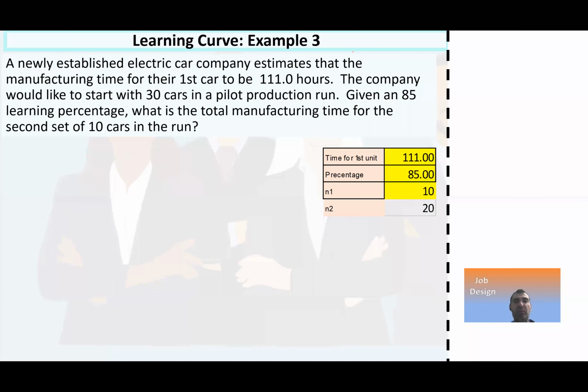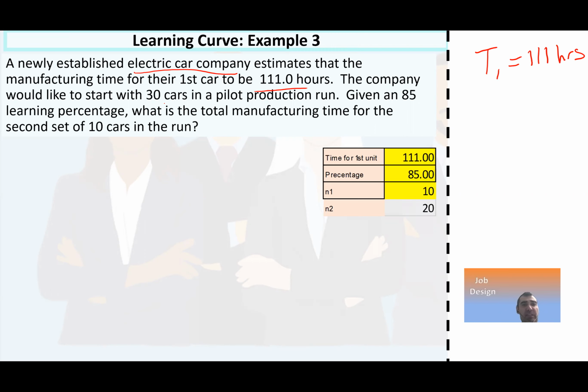So let's see this question. We give you a few seconds to read the question. Here we have again the electric car company, and their first car is going to take 111 hours to make.